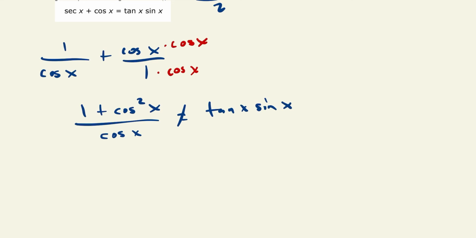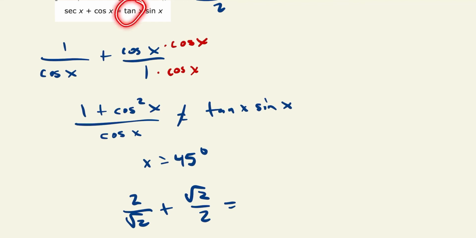How about we do theta, or x equals 45. All right, so secant of 45 degrees would be the reciprocal of radical 2 over 2, which is 2 over radical 2, plus cosine of 45 degrees is radical 2 over 2.